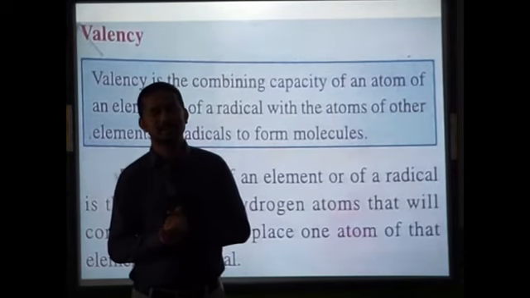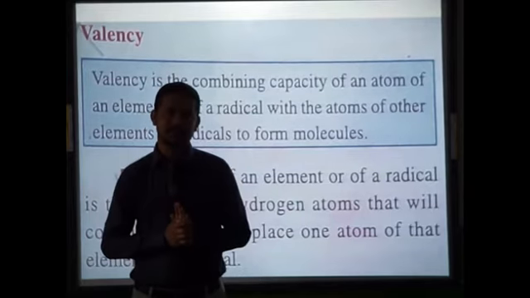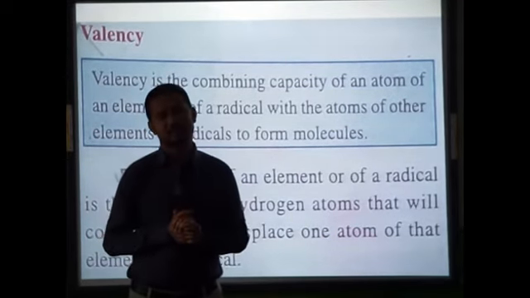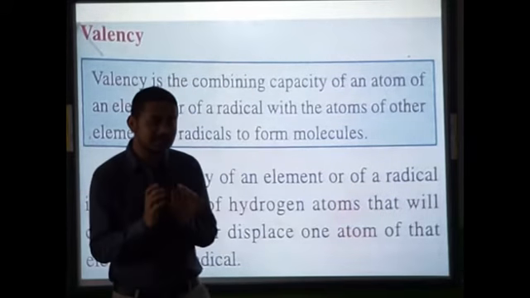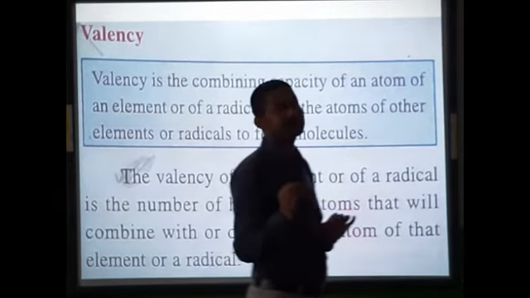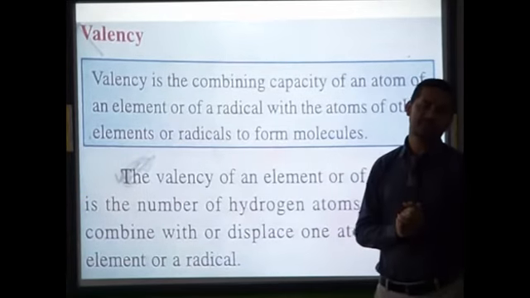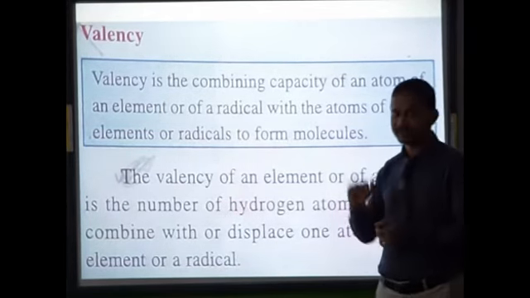Few atoms are stable, they are inert gases. So these unstable atoms combine with other unstable atoms to form a stable molecule. And for this combination, they have some capacity. Combining capacity. And this combining capacity is called valency.